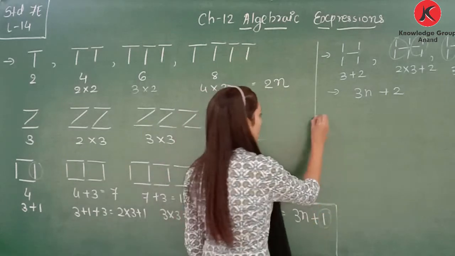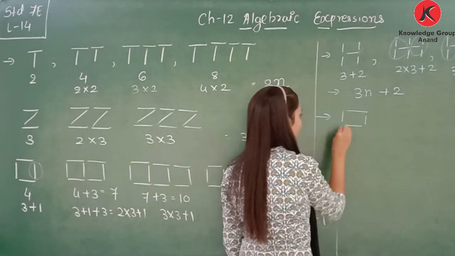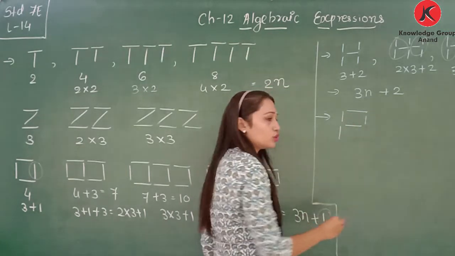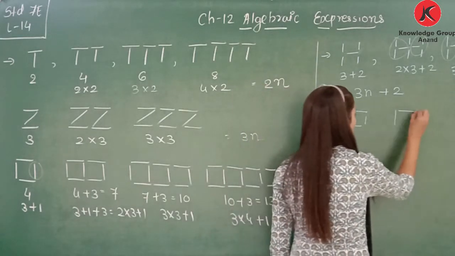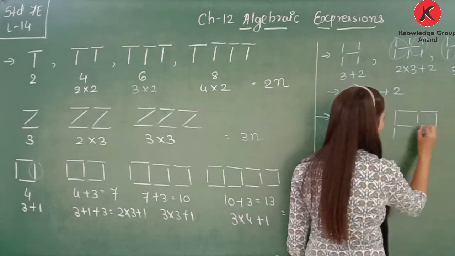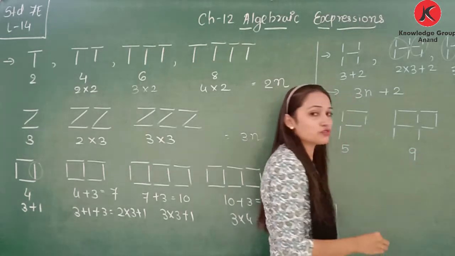Okay. If we take one more pattern like P, how many matchsticks are required for P? You can see 1, 2, 3, 4 and 5. So for one time we need 5. For the next, 5 is there and at the last we need to add 1, 2, 3 and 4. So 5 plus 4 is 9.